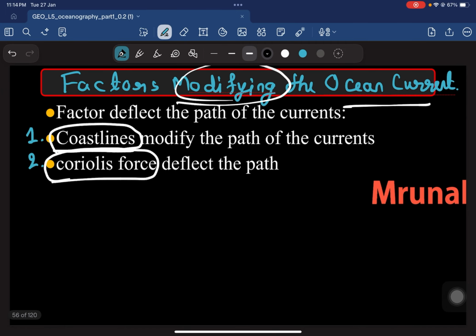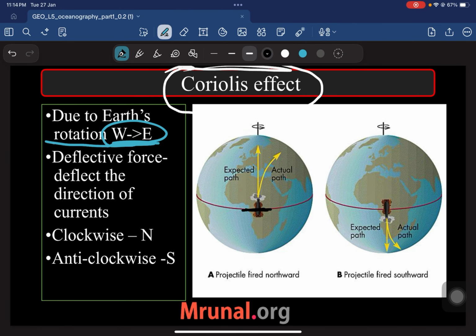If I throw a bomb from here, because of the rotation of Earth, which rotates from west to east like this, the bomb will deflect. It will not go straight like this. It will deflect its path.